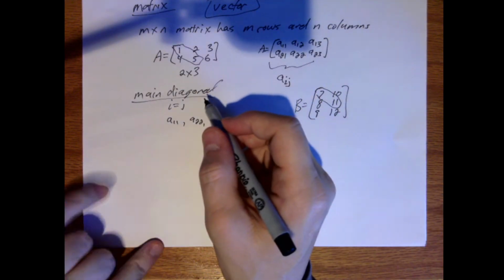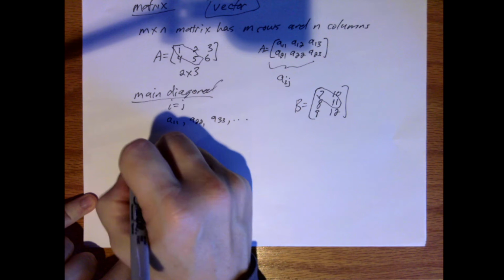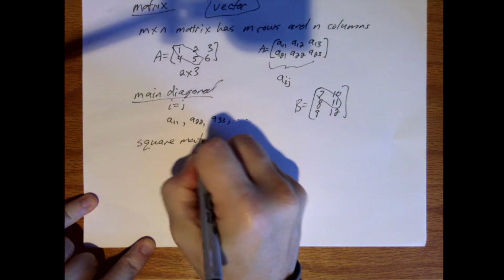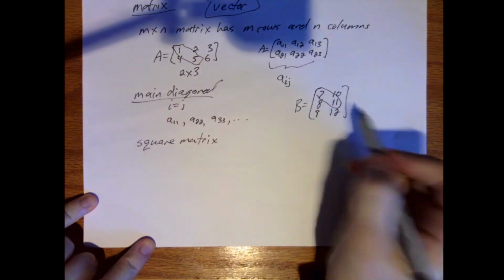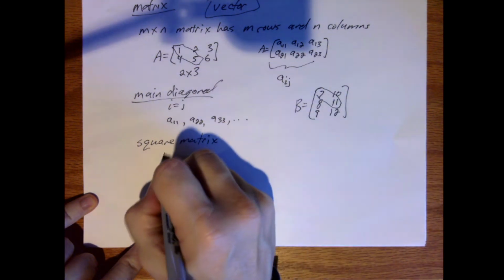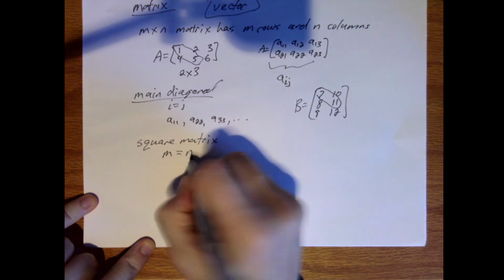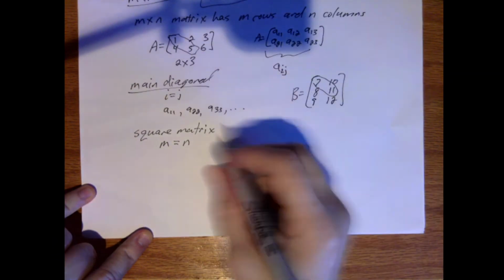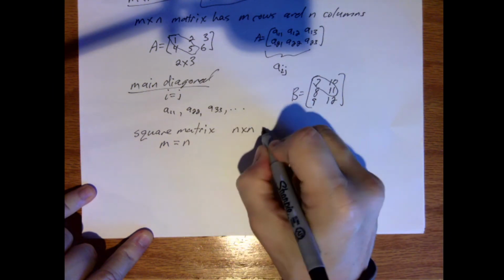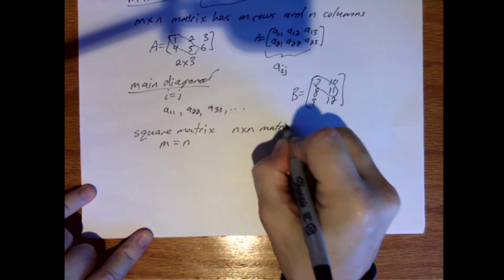Now, one of the matrices that we'll deal with a lot is something called a square matrix. And the name is basically what you would expect. The shape is square because the number of rows is equal to the number of columns. And typically, because of this, we'll say it is an N by N matrix. Right?